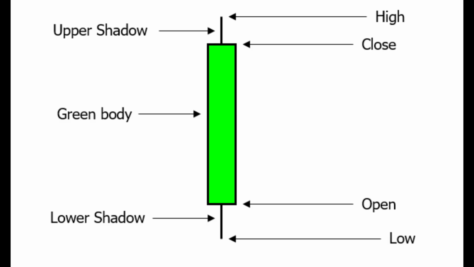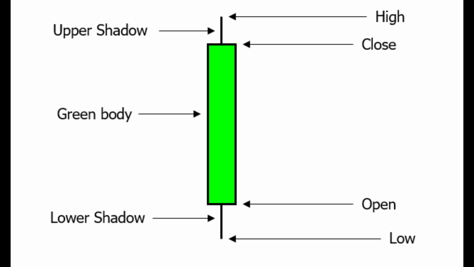So let's take a closer look at the anatomy of a candlestick. The first thing that jumps right to the eyes from this picture is that it's green. And what that means is that price closed higher than it opened. I'll explain. Now let's imagine that this is a 1-day candlestick.